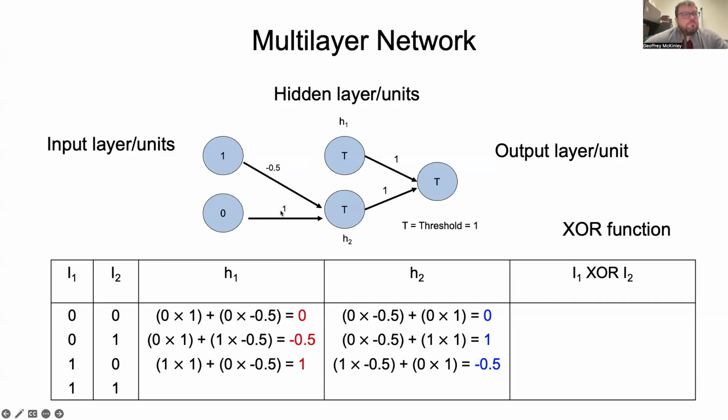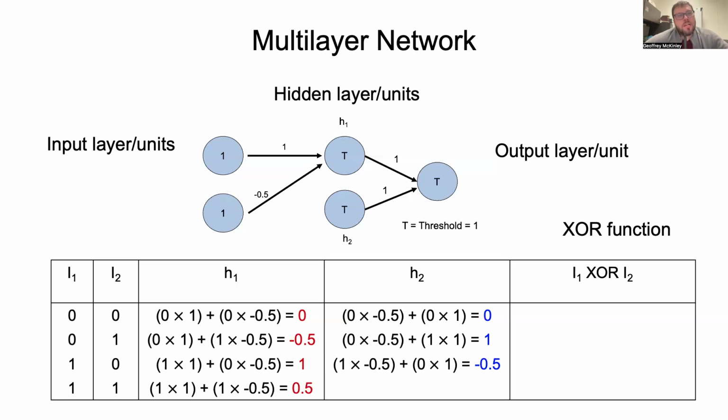Now let's do the last one, when both the input units are one. One multiplied by this weight of one is one, plus one times negative 0.5. So it's one minus 0.5, which is 0.5. So 0.5 will be the input to hidden unit 1.